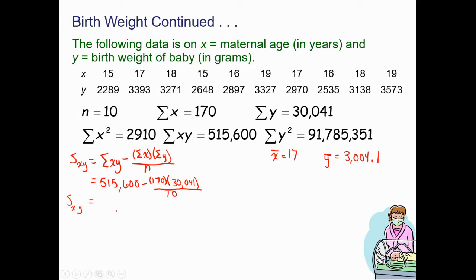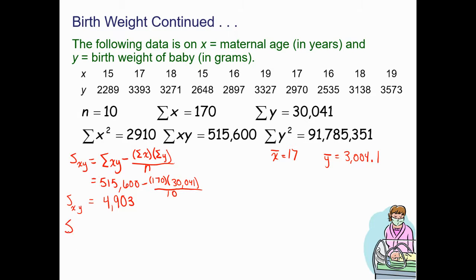Once we plug our numbers in, that's right. 4,903. Okay.